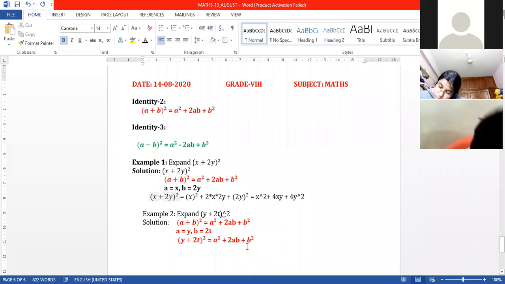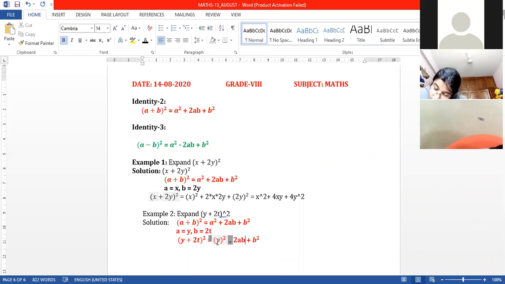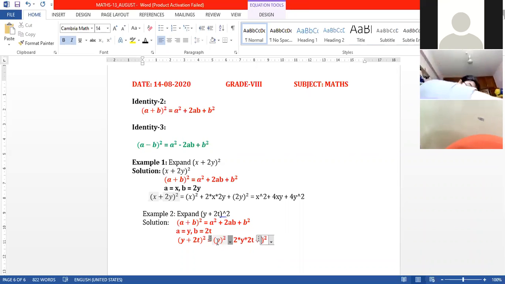Y plus 2t whole square is equal to, again, y square. How to write? We'll write in the bracket. Y whole square plus 2 into AB. A is y and B is 2t, plus B square. B square means what? The value of B is 2t, 2t whole square.